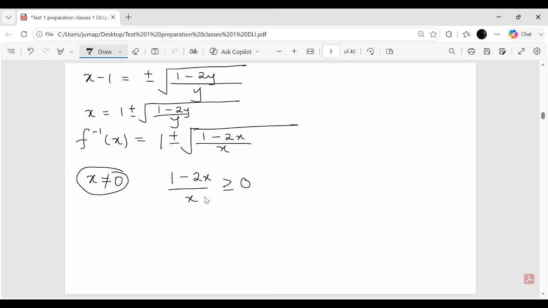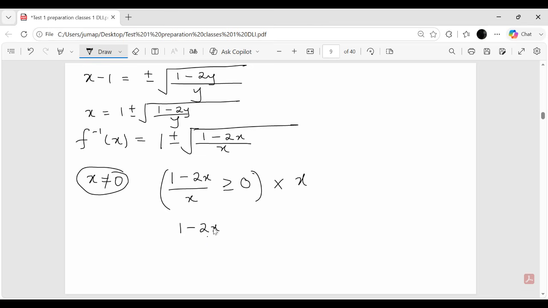Since this is an inequality, for me to solve it easily, I'll multiply with x so that I can cancel the x at the bottom. So when I multiply with x, 0 times x will be 0, and 0 times (1 minus 2x) over x is going to be 1 minus 2x over x. Oh, that's cancelled.